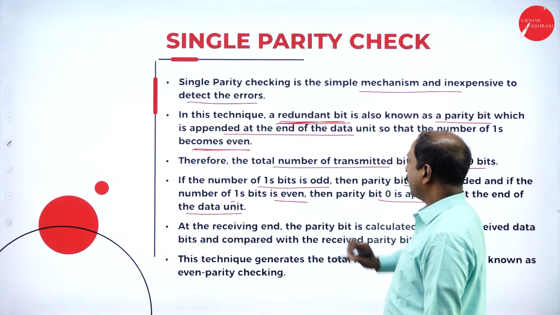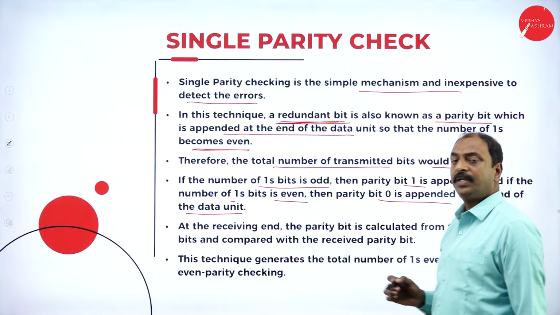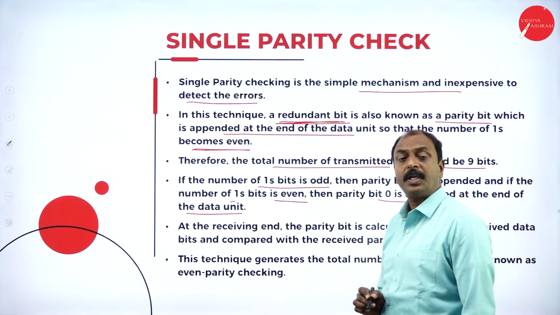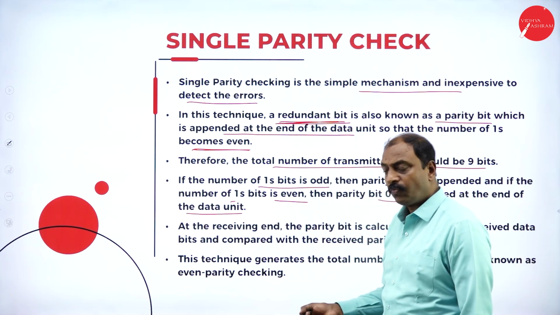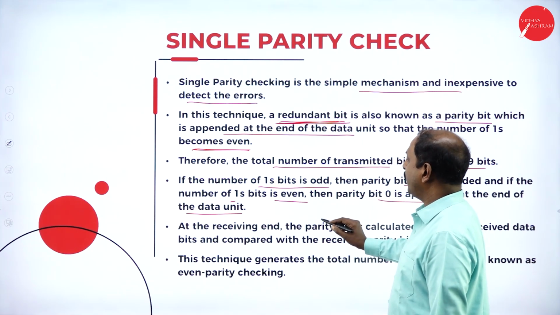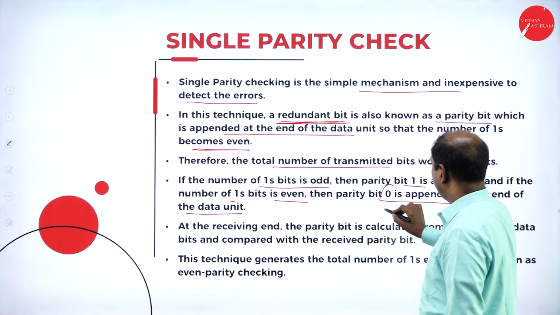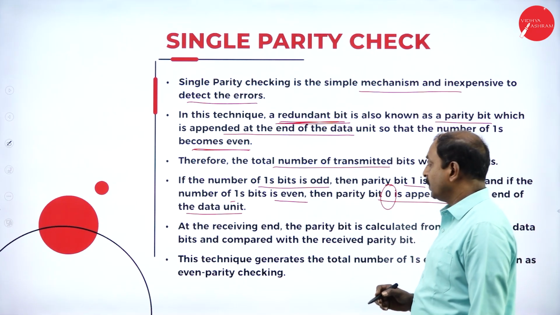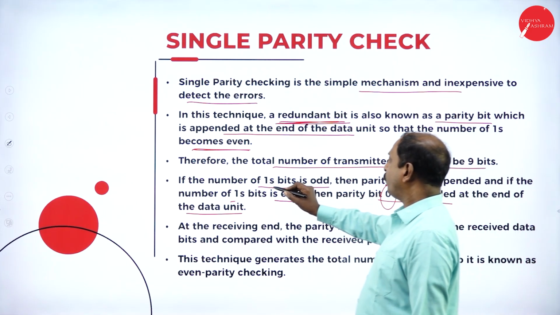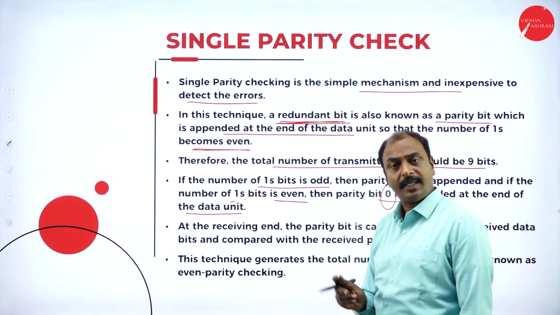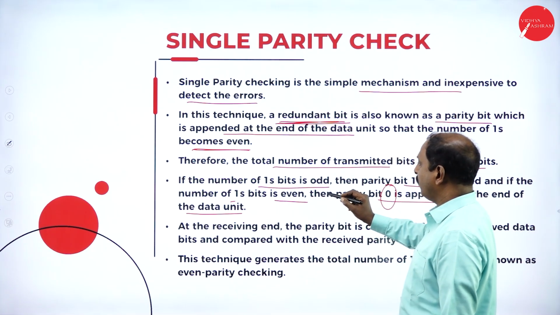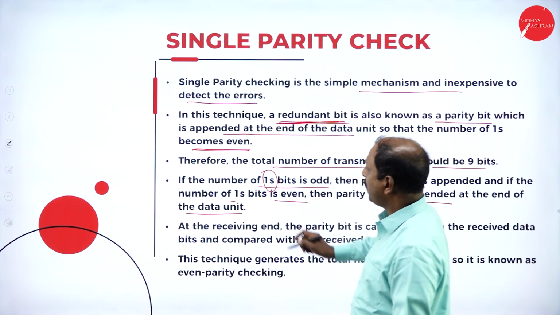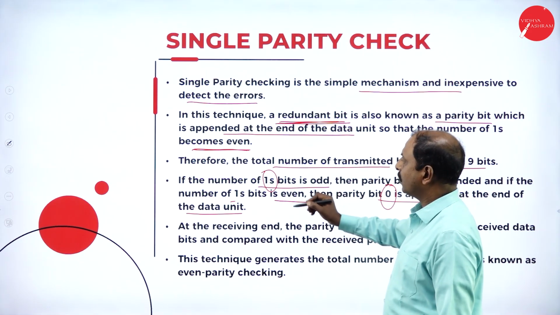If the data transmitted by the sender contains an even number of ones in the frame, then we add 0 as the parity bit along with the data. If the number of ones is odd in the frame, then we add 1 so that the total number of ones becomes even. So this is the concept here.